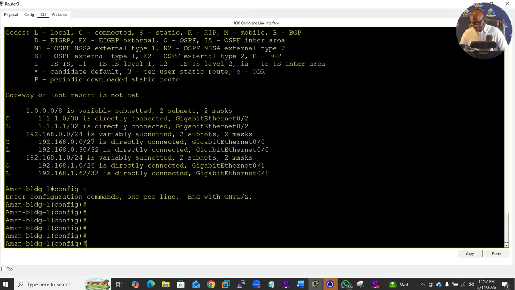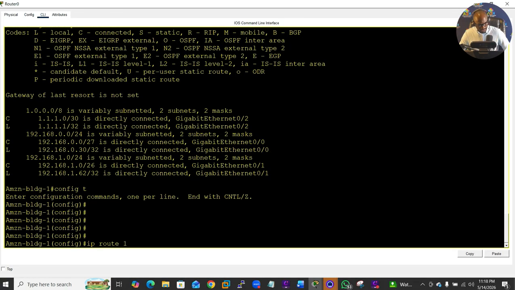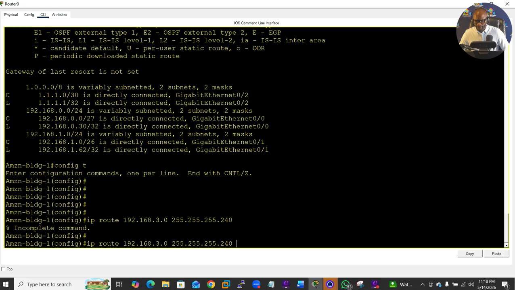Config T, IP route. We need to put Lily's network from this router. Lily's network is 192.168.3.0/28. 192.168.3.0, 255.255.255.240. And then we need to add the next hop IP.